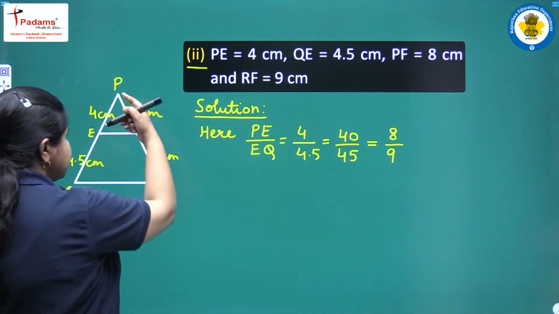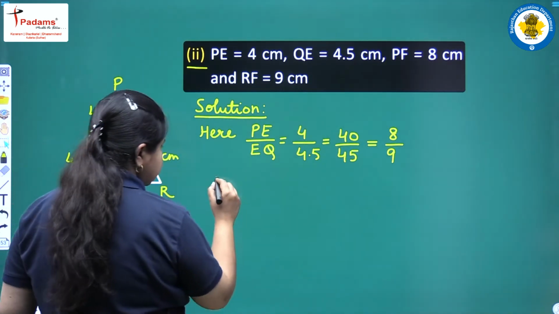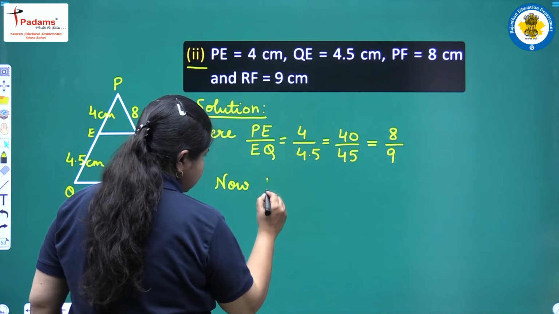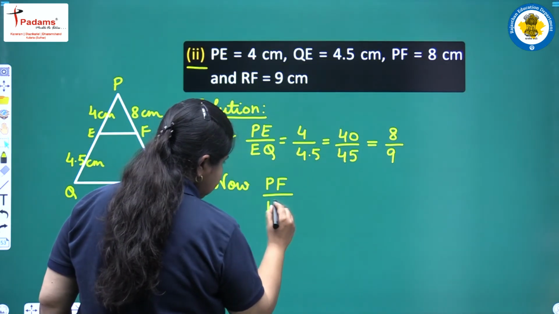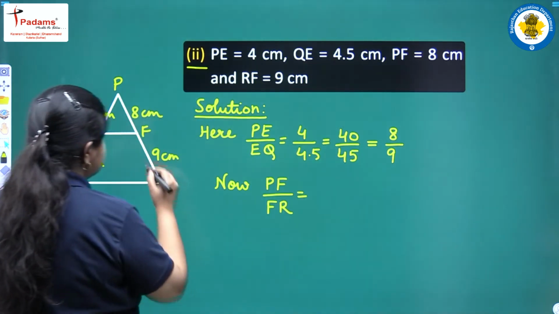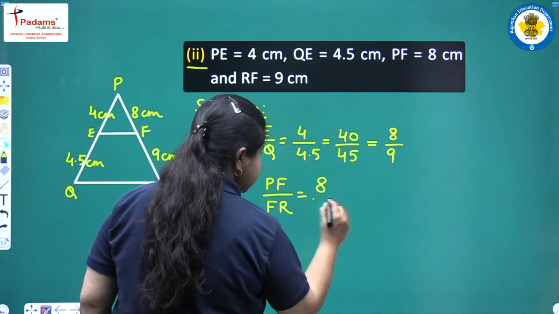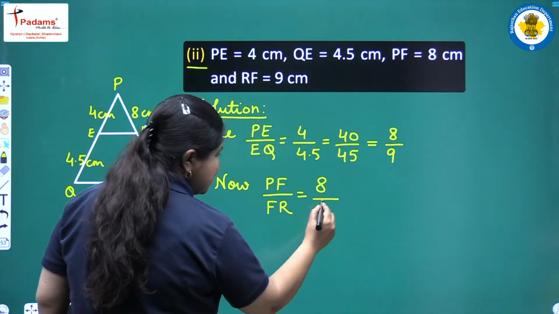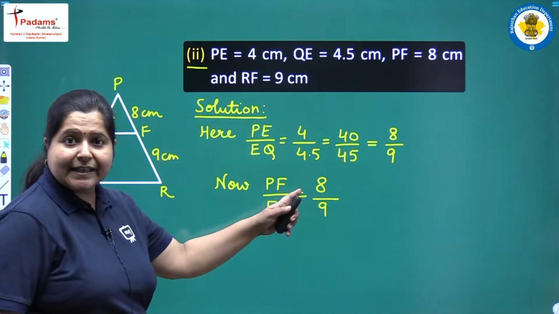Now we will find the ratio PF upon FR. PF measures 8 centimeter and FR measures 9 centimeter, and this is again ratio 8/9.